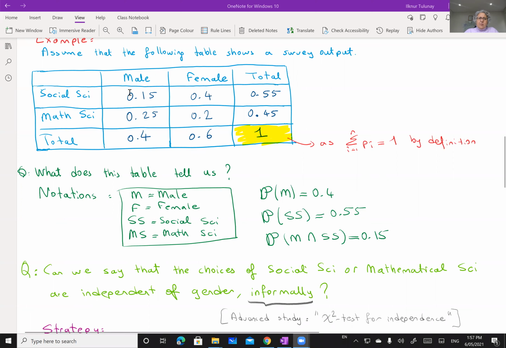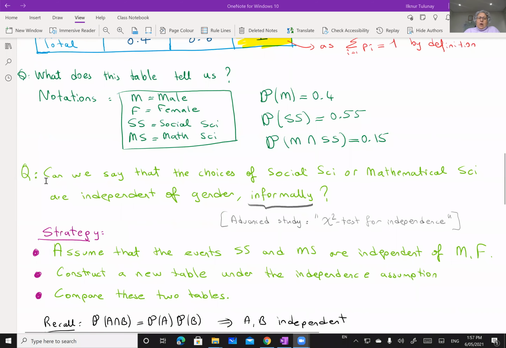This one is M intersection with SS. And this one is F intersection with SS and so on. So the male intersection probability with social science is 15%. This is what it means, and that is that number here. So these here are intersection probabilities.